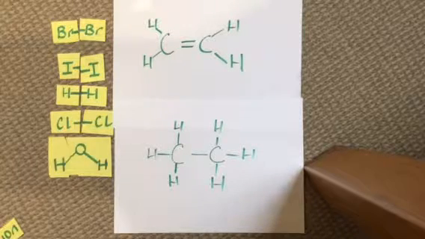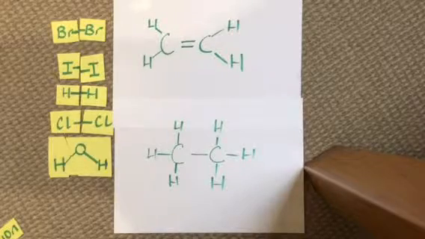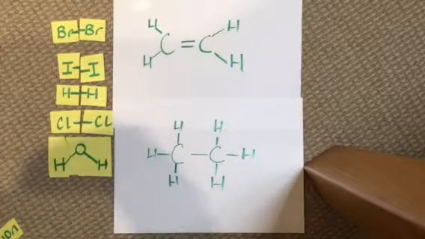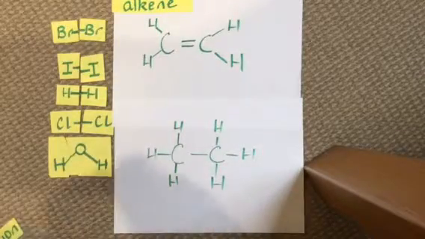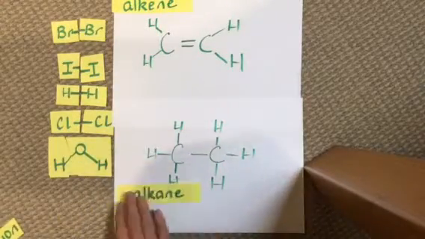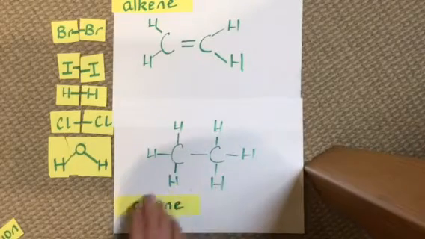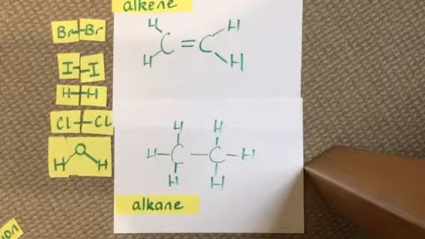Okay, reactions of hydrocarbons. So we have two simple hydrocarbons drawn. The top one is an example of an alkene. It's in fact ethene. And the bottom one is an example of an alkane, in this case ethane. Now they both react.